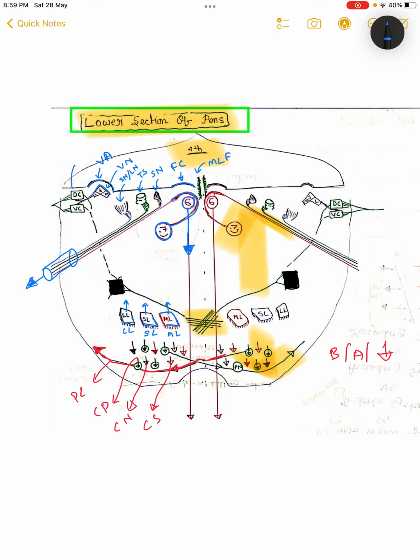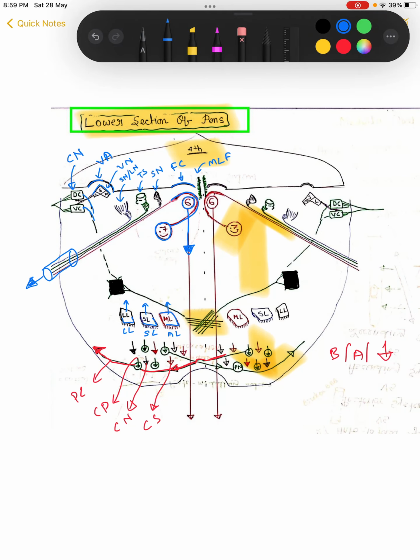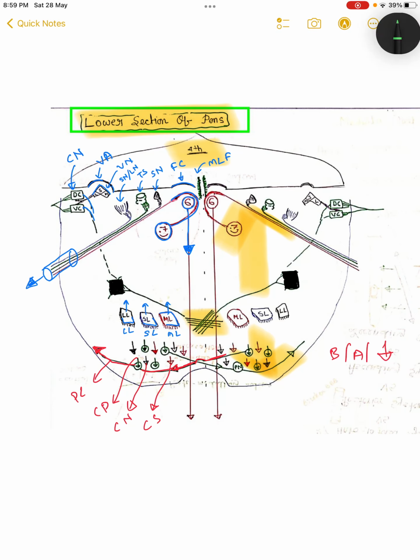Now you see these two pairs of nuclei. This is our cochlear nucleus, dorsal cochlear nucleus and ventral cochlear nucleus. Now you guys already know that the dorsal cochlear nucleus and ventral cochlear nucleus give some fibers which come like this, then they form this trapezoid body, right?